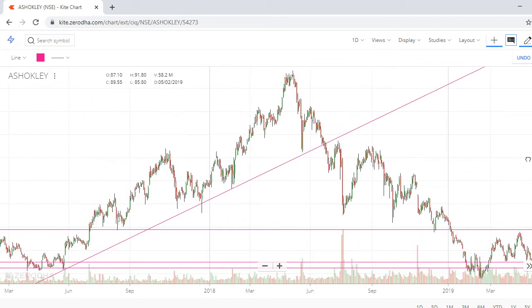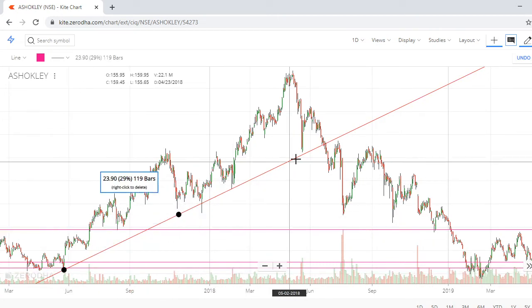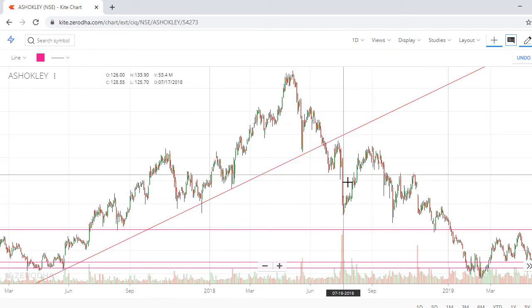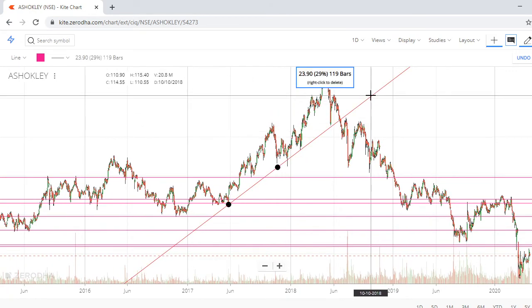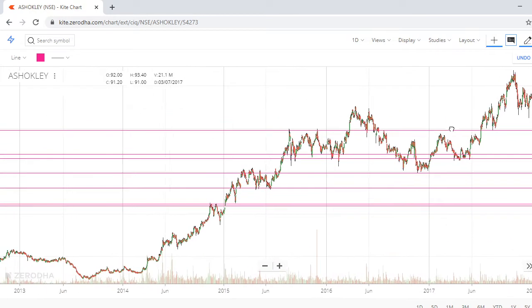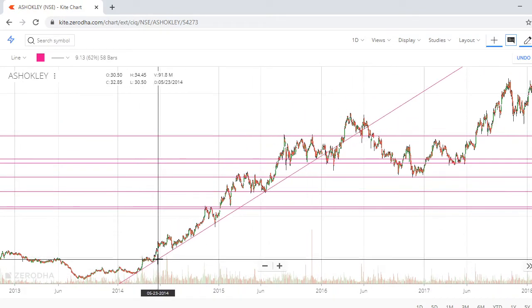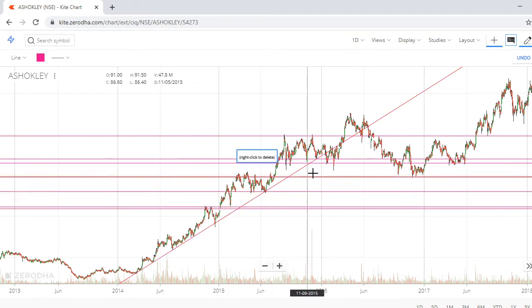Took the support, finally it broke here. From that time onwards it never went up. So simple, there is no rocket science. Only thing is you need to practice more. If someone takes these very narrow two lines I joined here, how beautifully it worked.